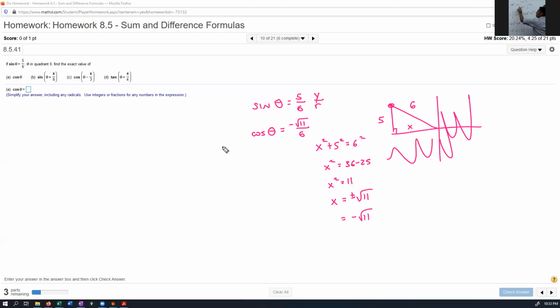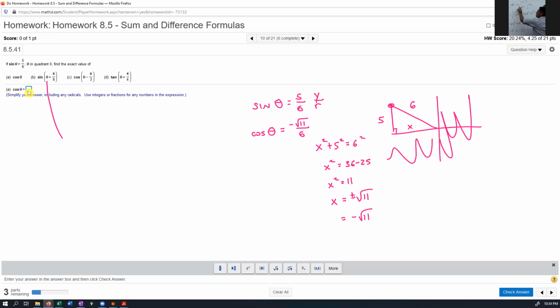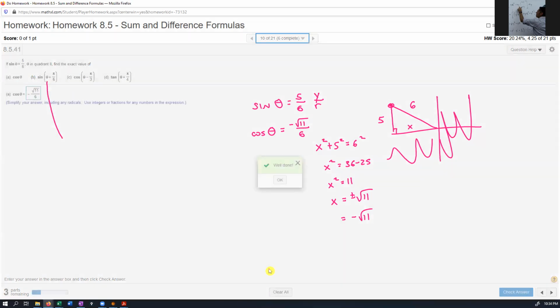Okay, so let me see what the other stuff is that they're doing here. That's cosine of theta. Now, what is sine of theta plus pi over 6? Okay, so what are they doing here? Oh, I know what they're doing. Let me put the answer in, that way we know we got it right. So this is negative square root of 11 divided by 6.